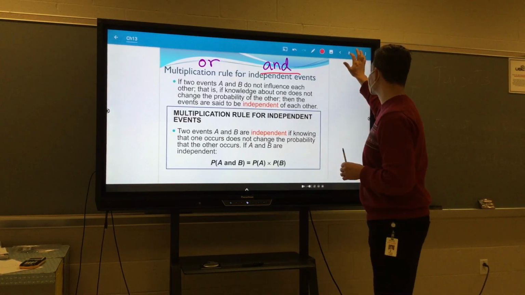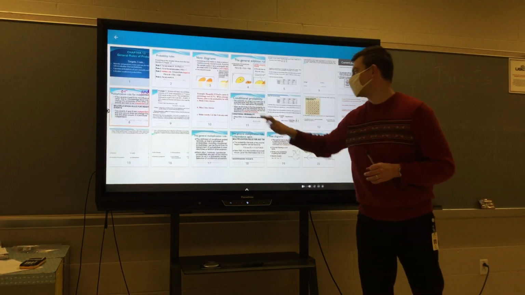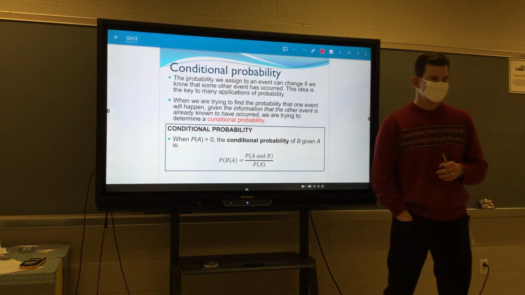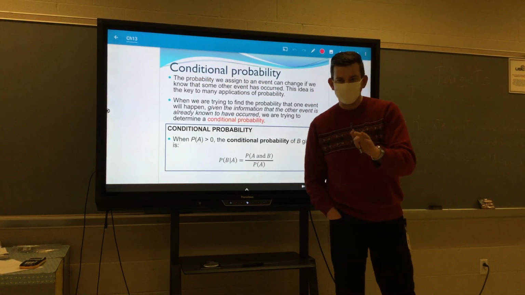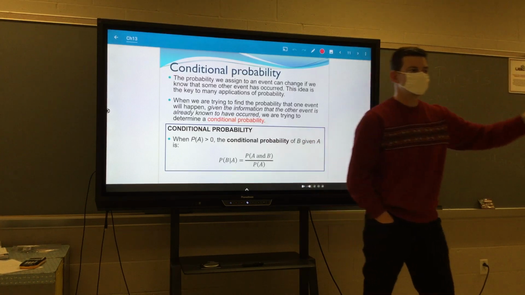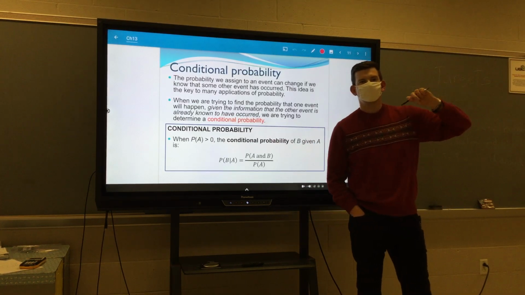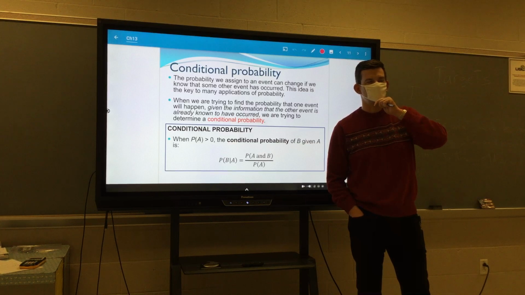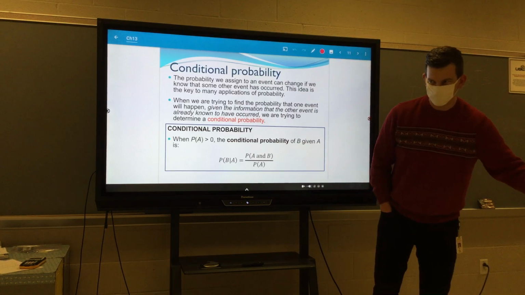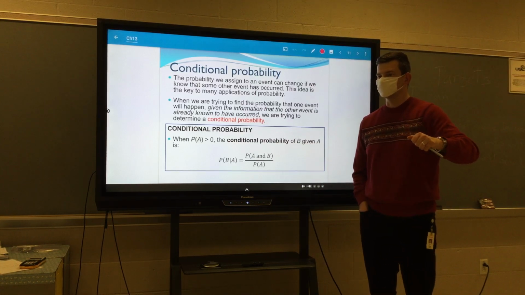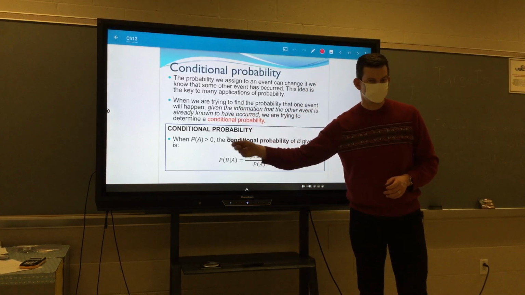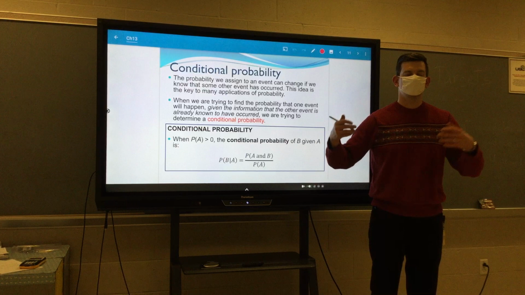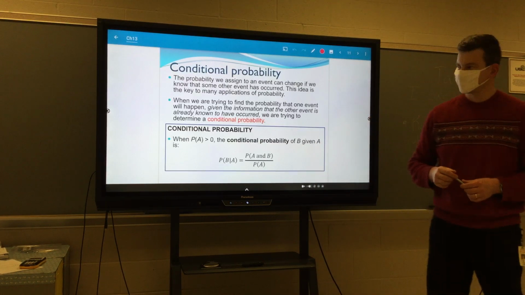That's what we're going to be looking at today when we talk about conditional probability. Usually when we have independent events, the opposite of that, we don't always say dependent events. Instead, we'll usually say they are not independent, or there's a conditional probability. Okay, that's the more common phrasing.